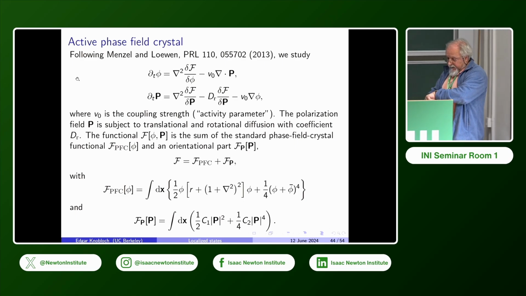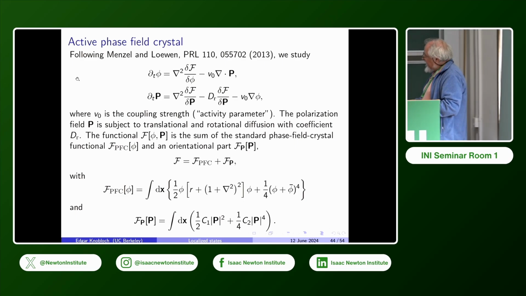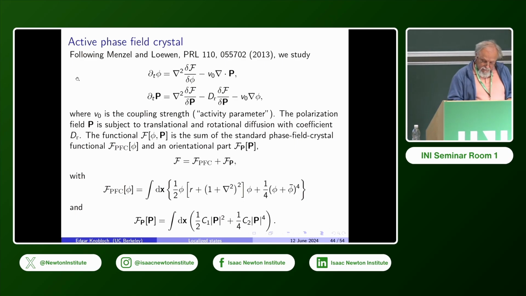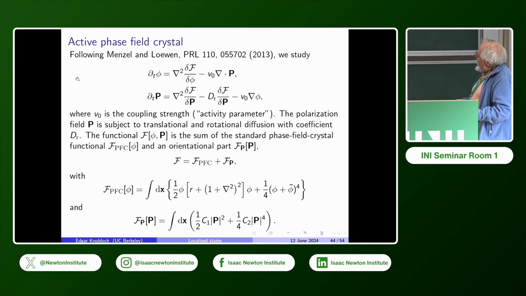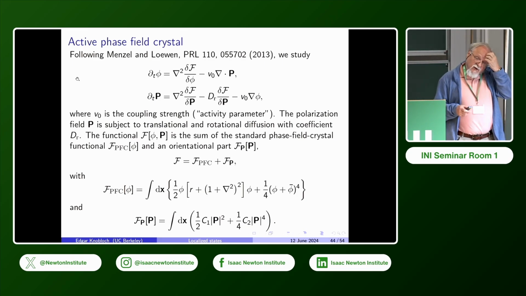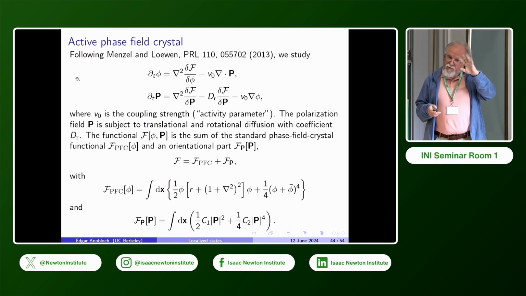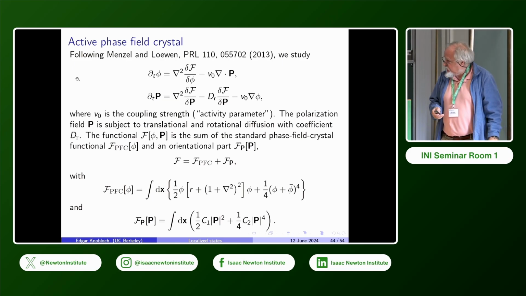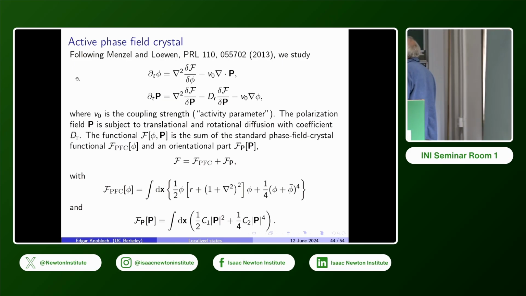So let me finally move to the active part of the talk. I'm going to talk about one particular model from Hartmut Löwen. There are, of course, many competing models that people have looked at, and we have looked at also.